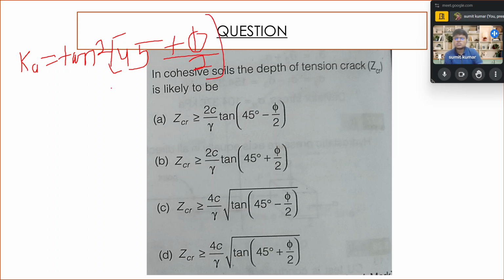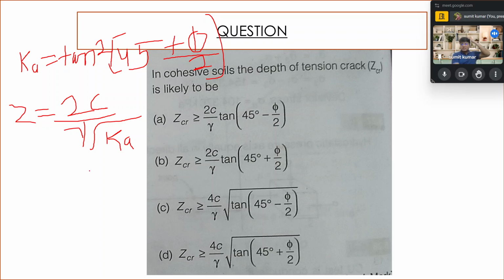Here we know the depth of tension crack is 2c by gamma root K. Now K equal to tan square 45 plus phi by 2.